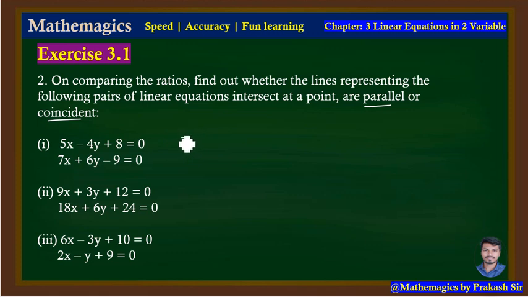Here the first is 5 by 7, the second is minus 4 by 6, and the third is 8 by minus 9. So 5 by 7 cannot be equal to minus 4 by 6. That's why it has the first condition, that is a1 by a2 is not equal to b1 by b2. So obviously it is intersecting.